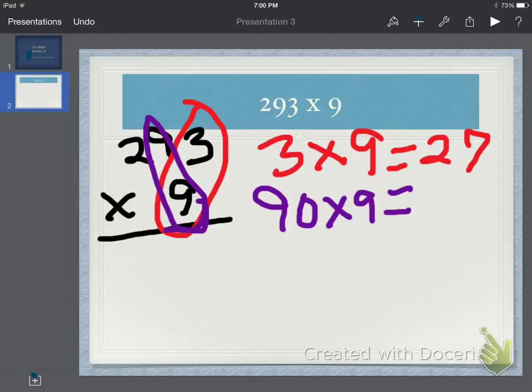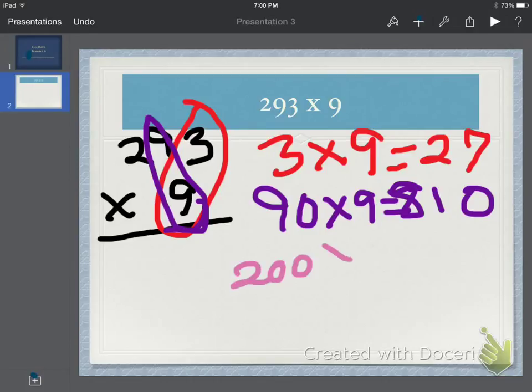So if it's 9 times 90, we have 810. And the 2 in 293, that's 200. So that's 200 times 9.